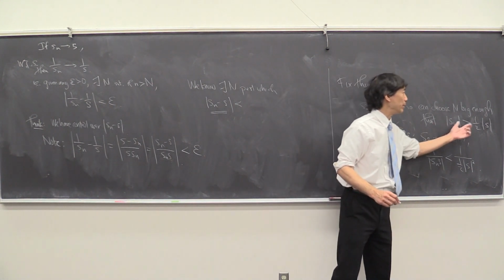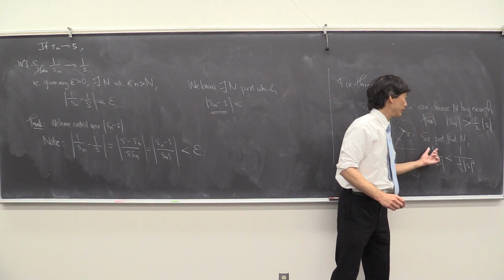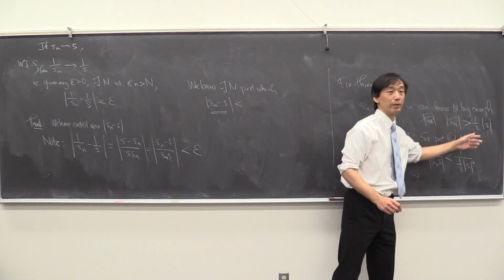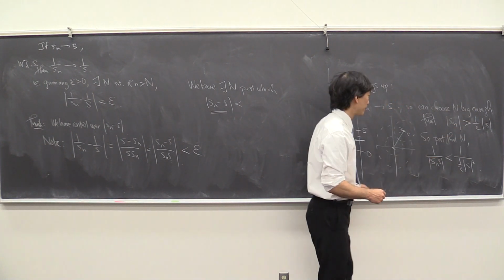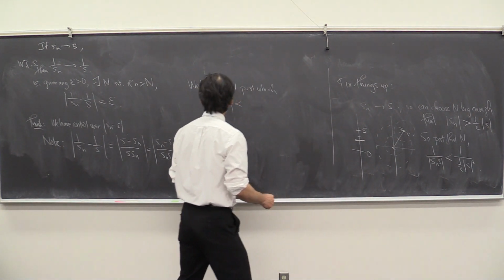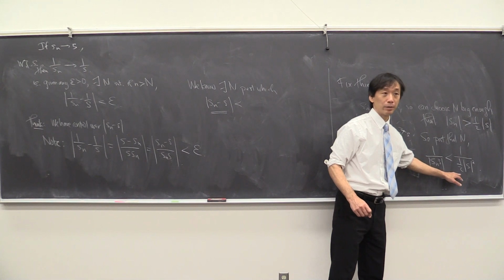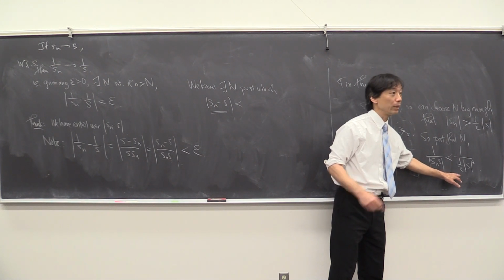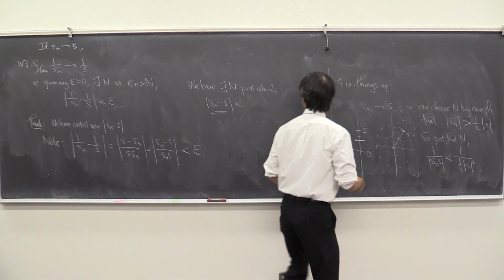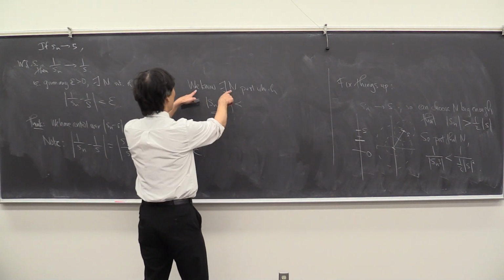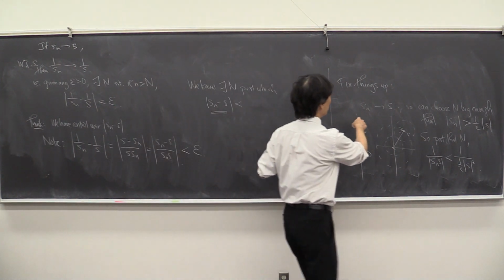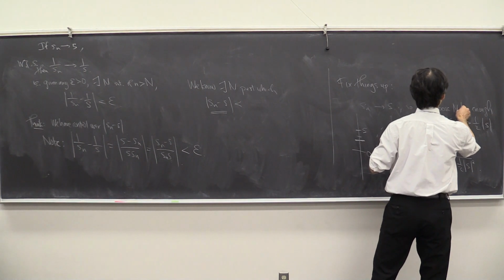This thing is bigger than that, so the reciprocal is smaller than the reciprocal of that. And you see why that's good? It's a constant. So let's call this guy n1.